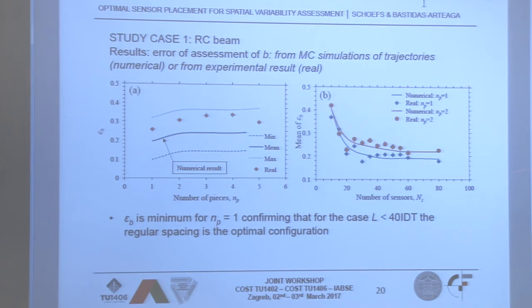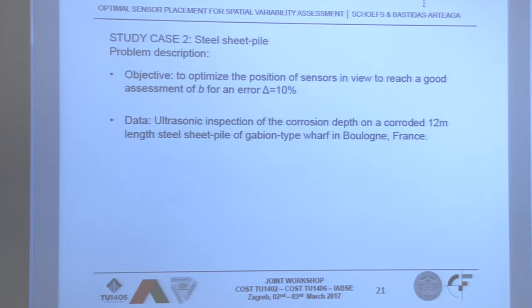We proved, and published in a paper, that for a beam length less than 40 times the scale of fluctuation, we have this type of optimization. You can see here that the numerical value for the numerical fitting for one piece is better than for two pieces.